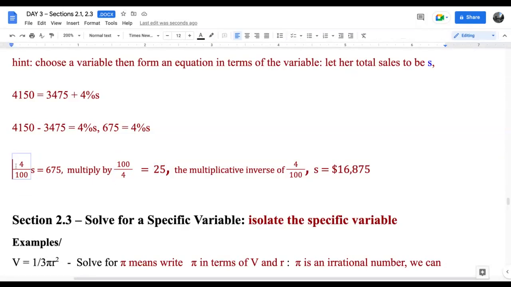Then multiplying 100 over 4 by 4 over 100, we get 1, we get S. Then 675 multiplied by 25, we get this number. So Kim has to sell this much, 16,875, to be able to pay all her expenses. Anyone has any questions?